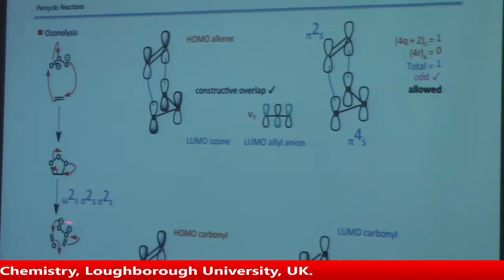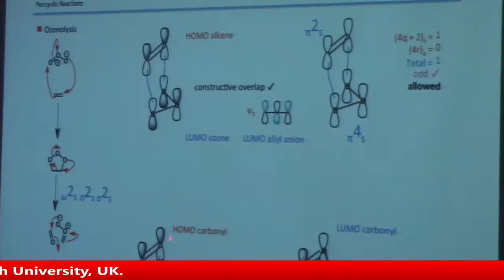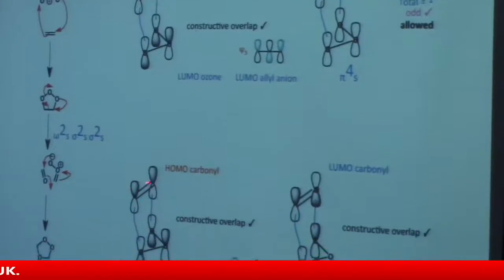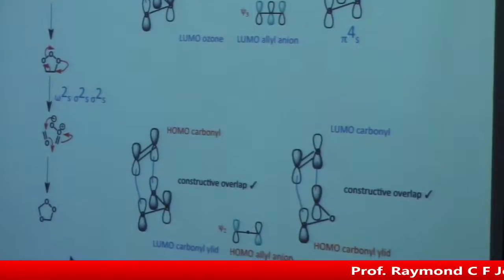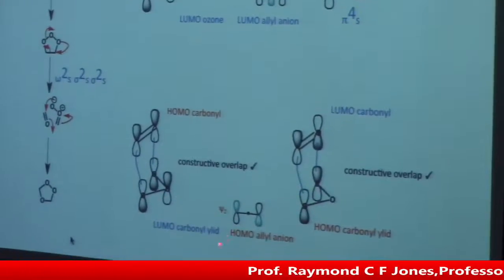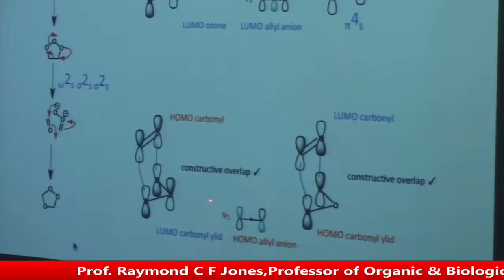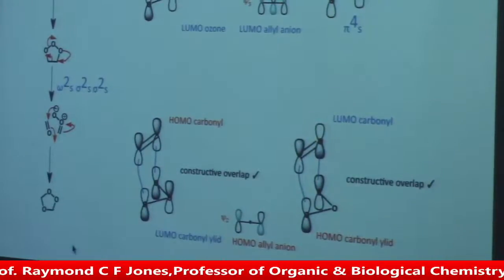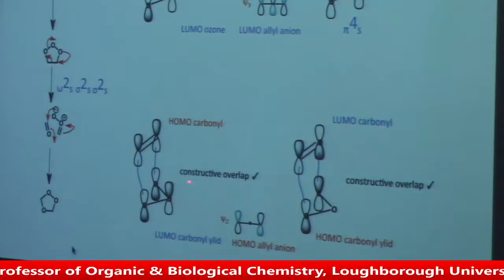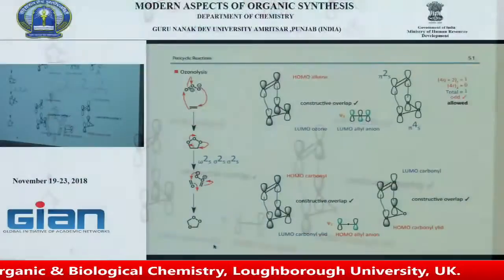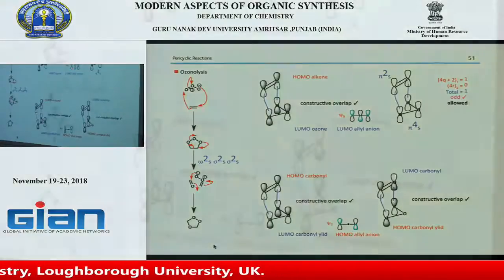And you can do the same thing for the second one here, the HOMO of the carbonyl. We say, well, carbonyl, the 2 ends shouldn't be the same size, but it'll be pretty similar in style to the HOMO of the carbonyl group. The LUMO of the carbonyl ylide is like the LUMO of ozone, which is like the LUMO of the allyl anion.